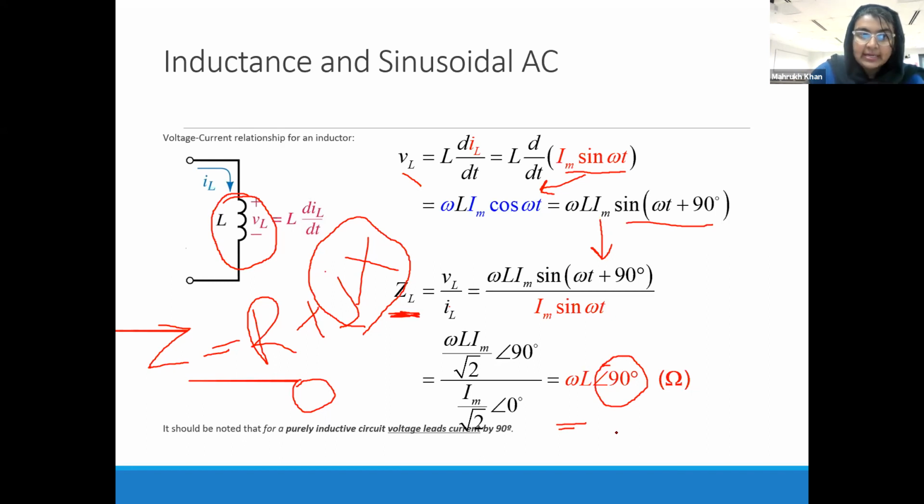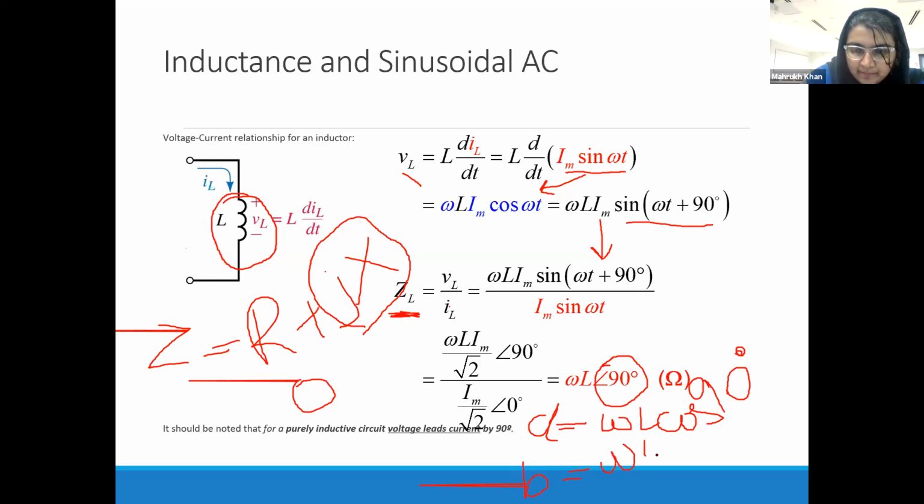Normally, as I said to you, you can write this as omega L cos 90 as the real part, and the imaginary part will be omega L sine 90. That's what we have said before, right?